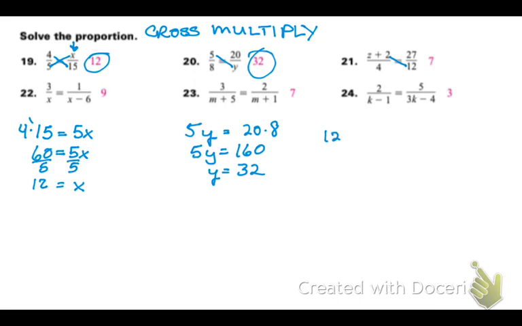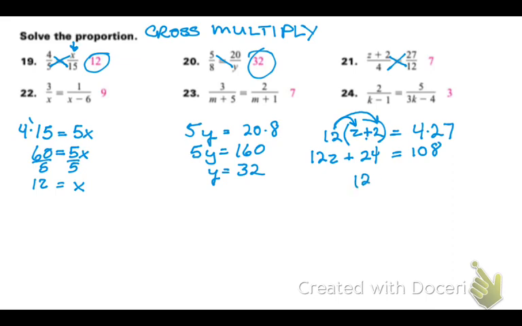So 12 times z plus 2, and I could do z plus 2 times 12, it's fine, is going to be equal to 4 times 27. 4 times 27 is 108 is equal to, now you're going to have to distribute here. This is back to algebra. 12 times z plus 12 times 2 is 24.